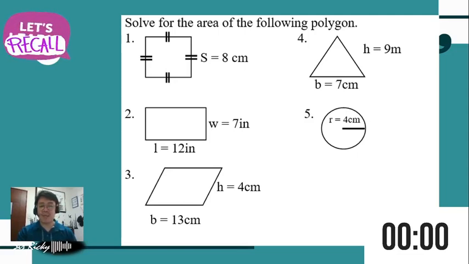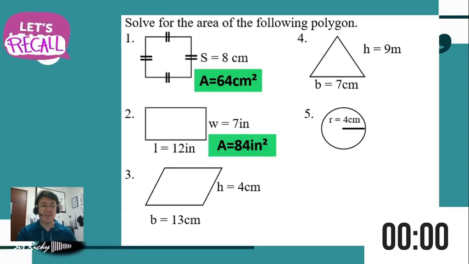The side of the square is equal to 8 centimeters. The area is equal to 64 square centimeters. Number 2, a rectangle with a length of 12 inches and a width of 7 inches. The area is equal to 84 square inches. Number 3, a parallelogram having base of 13 centimeters and height of 4 centimeters.